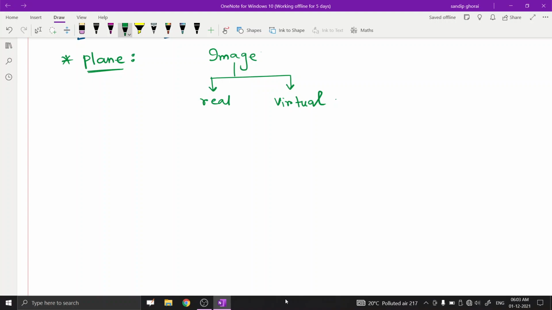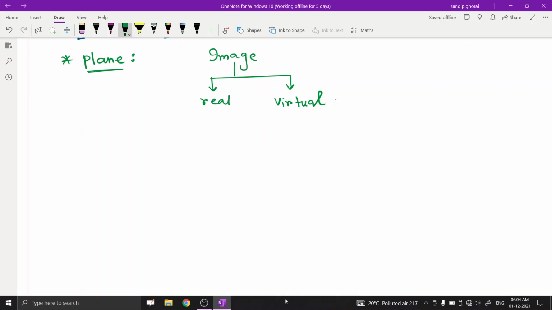We can get a real image on a screen, but a virtual image can't be obtained on a screen. So this is the main difference between real and virtual image.